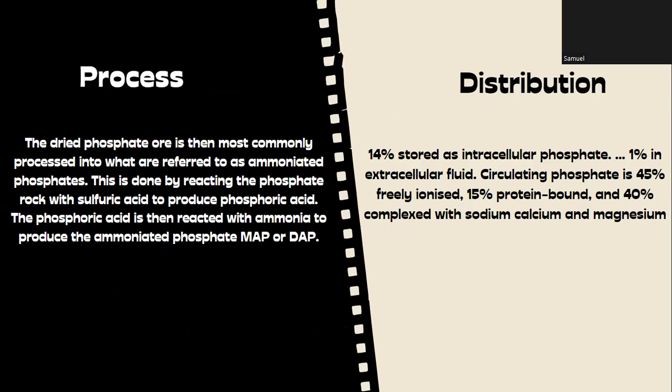Distribution: 14% stored as intracellular phosphate, 1% in extracellular fluid. Circulating phosphate is 45% free ionic, 15% protein bound, and 40% complexed with sodium, calcium, and magnesium.